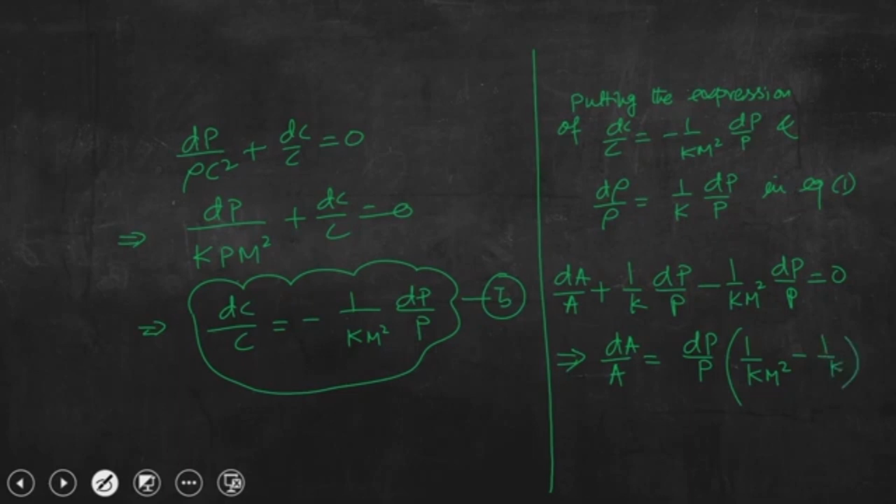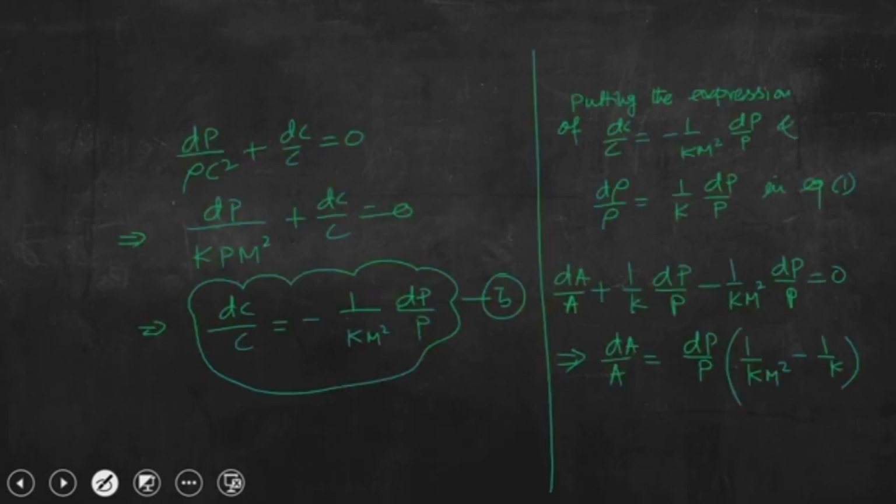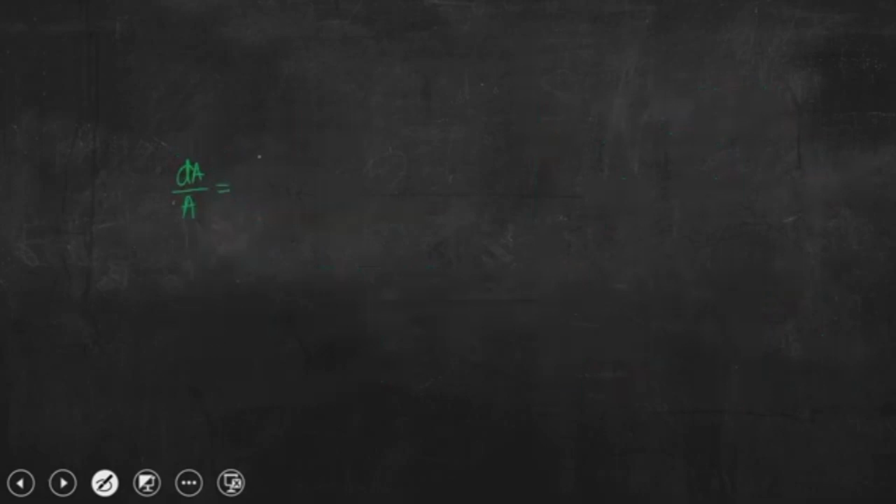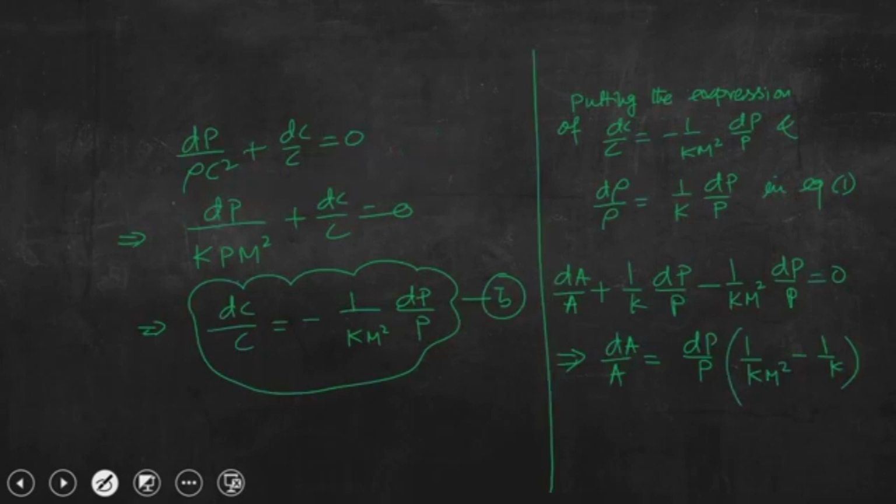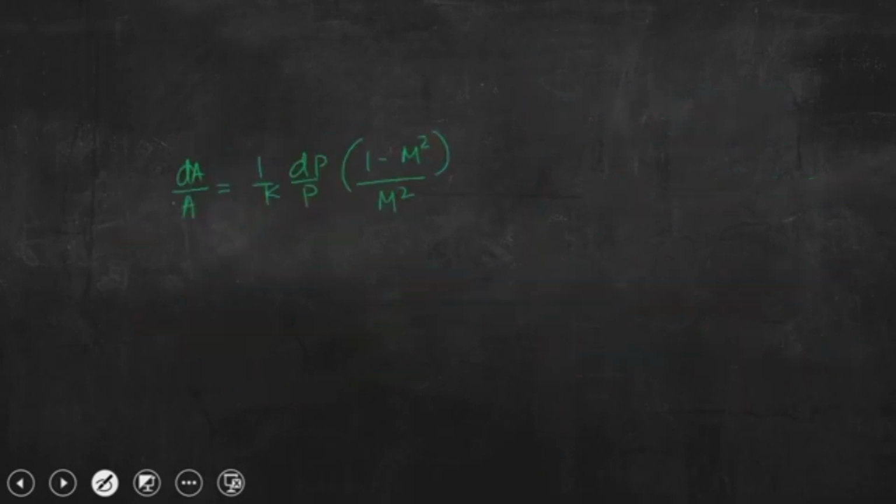So, finally we can write that dA by A equal to 1 upon k dP by P into (1 minus M square) divided by M square. So, this is the relation we wanted to derive in today's class.